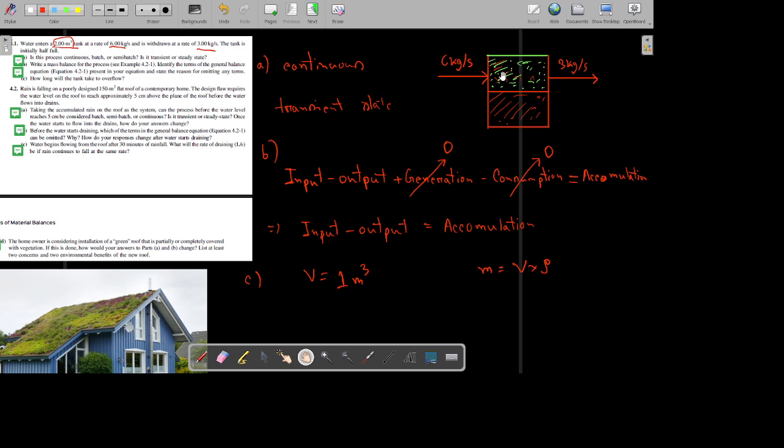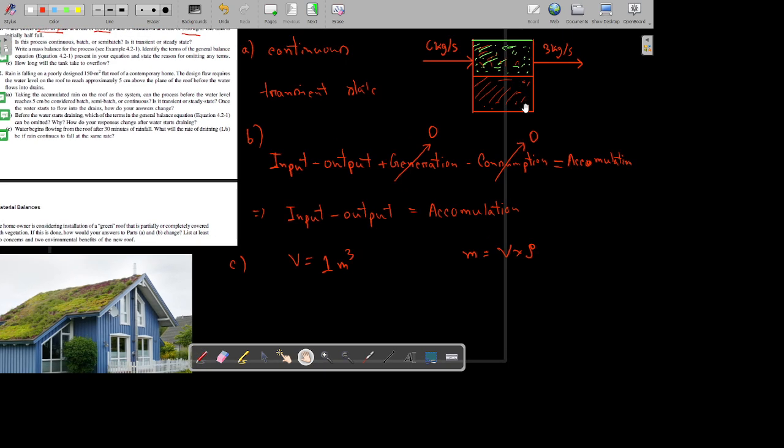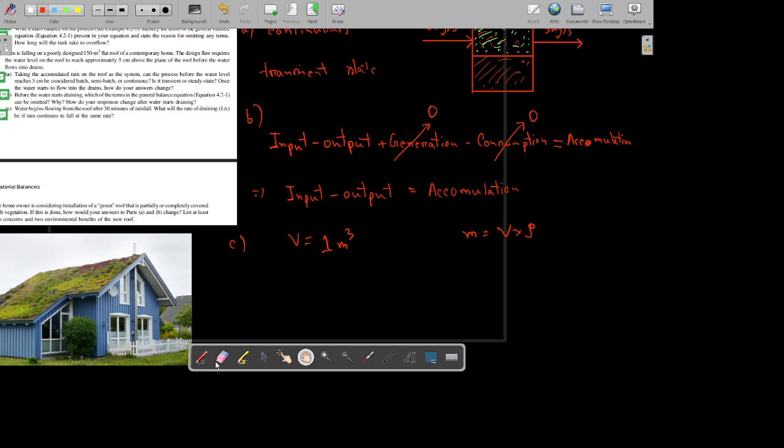We can assume the density of water here is 1000 kg per meter cube because temperature is not given anywhere in the question. If nothing is stated, we can take rho as 1000 kg per meter cube for water.